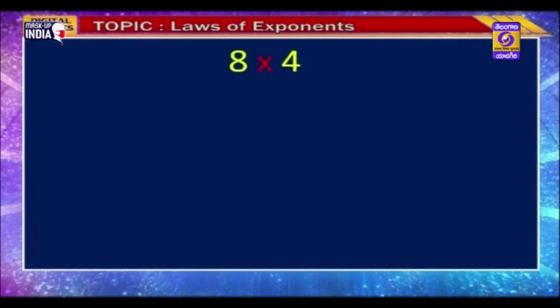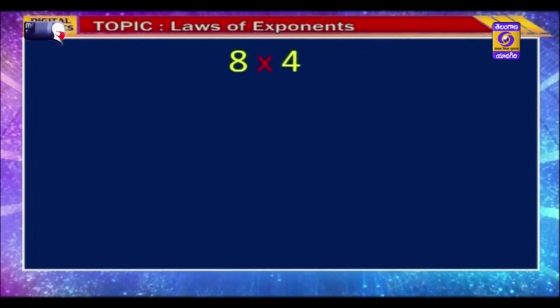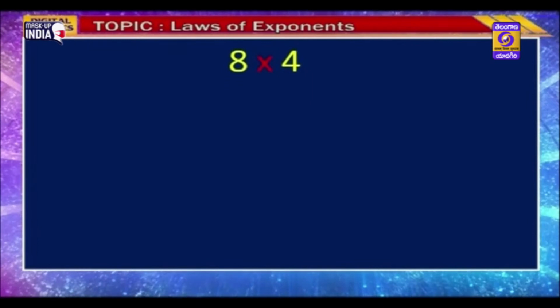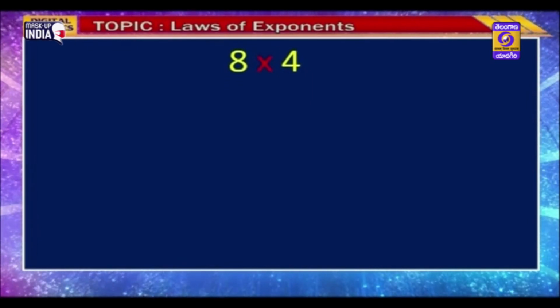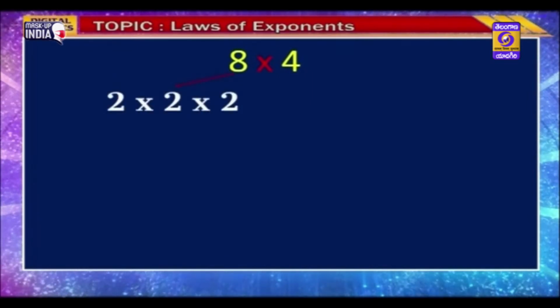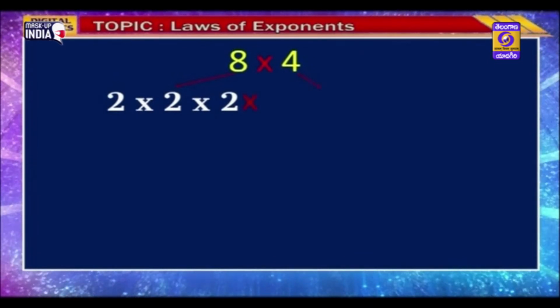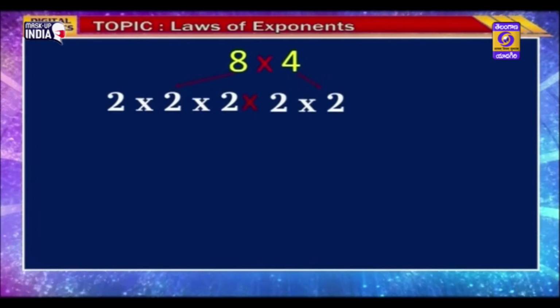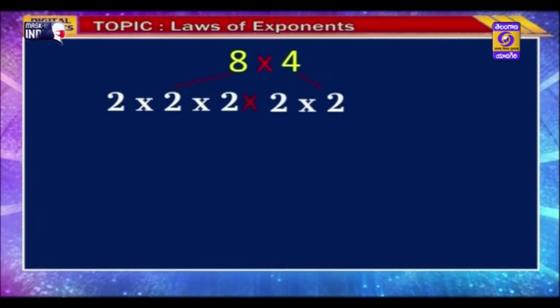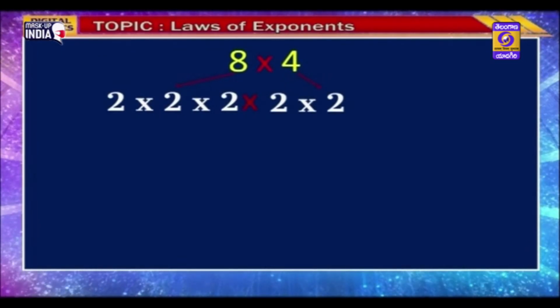Let us see what you are observing on the screen. 8 into 4. Now 8 can be written as 2 into 2 into 2, and 4 can be written as 2 into 2. How many 2's are multiplied?